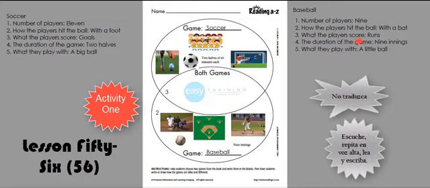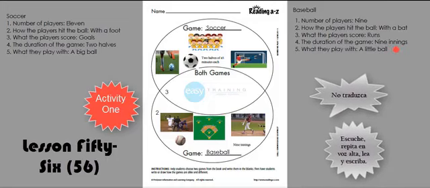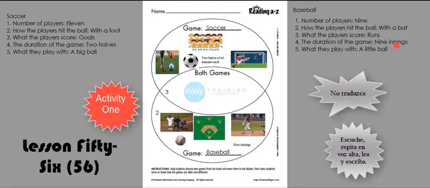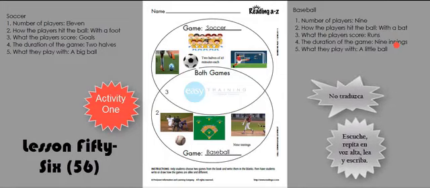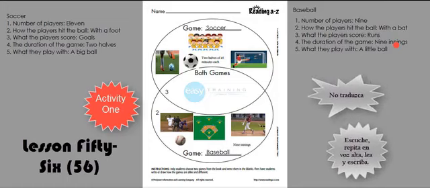But a baseball game lasts for 9 innings. Y es impredecible cuánto puede durar un inning. A baseball game may be very, very long. Mientras que the duration of a soccer game es normalmente limitada, but not that of a baseball game.